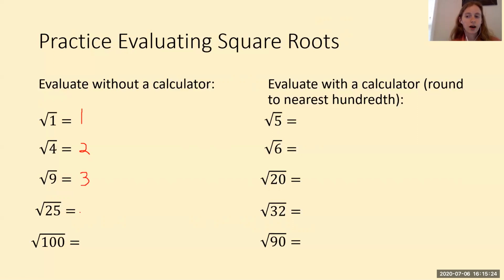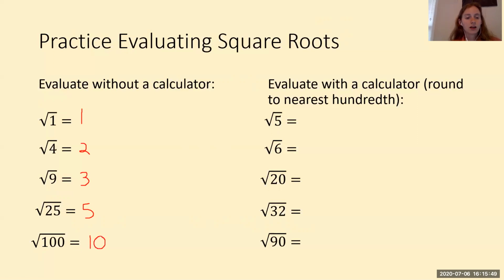Square root of 25. What number squared equals 25? So what number times itself equals 25? And that's 5. And then we've got square root of 100. So what number squared equals 100? What number times itself equals 100? And that's going to be 10.